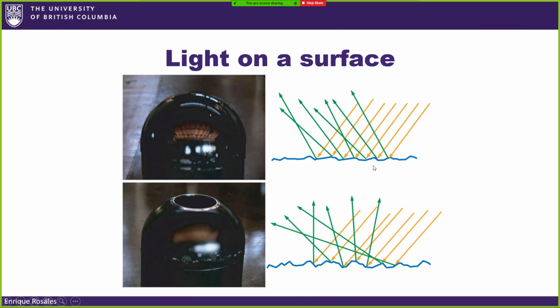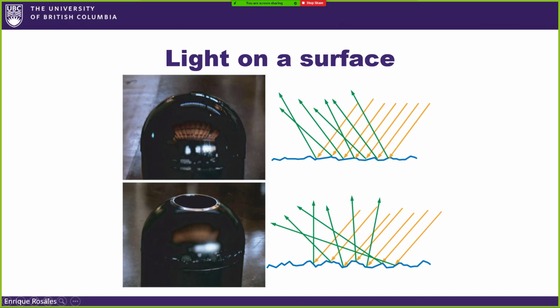What will happen is basically the light will be bouncing in different directions, right? And as the surface of this object, right, is more rough, right, not completely flat, basically the light will bounce to whatever direction you want, right? So that is basically why you can see the reflection. In this case in particular, you can see that the reflection is more blurry, right?